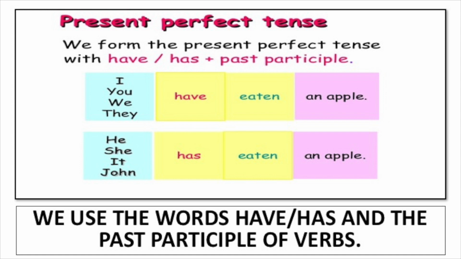Now the trick for the questions is have and has become the first word. Instead of the subject and then have, like I have, for the question, the word have comes first. We would say, have I. So for question words and the positive responses, we swap the subject and the question word around.